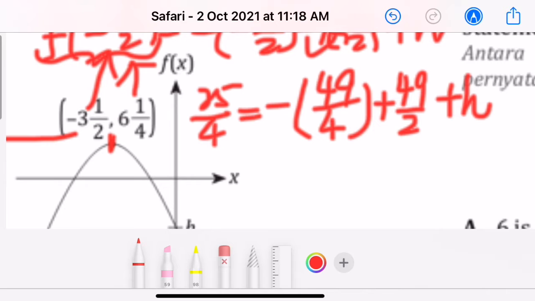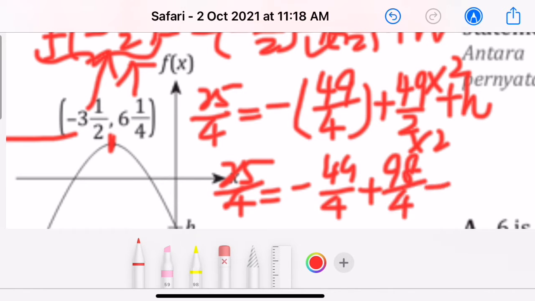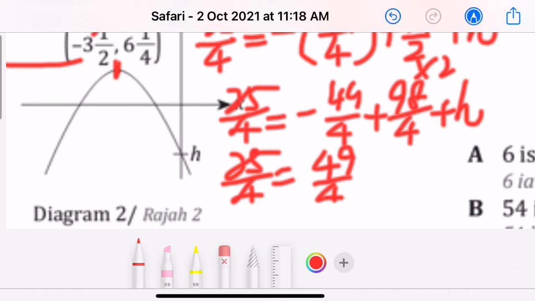So we make it 25/4 = -49/4 + 98/4 + h. If simplified further, it is 49/4 plus h.